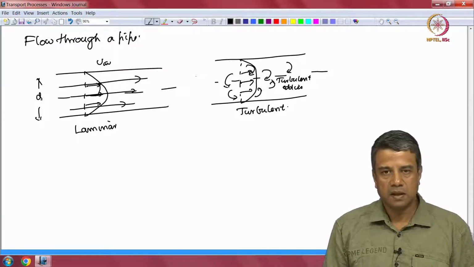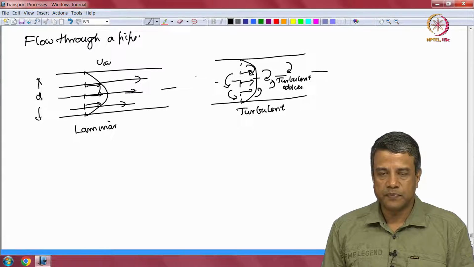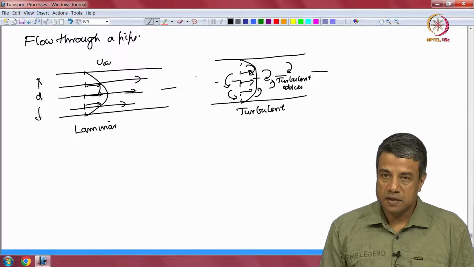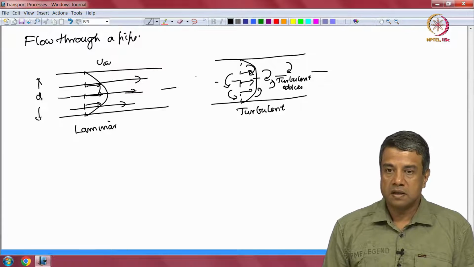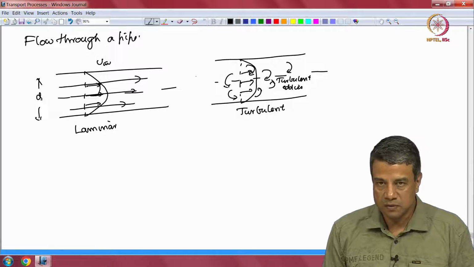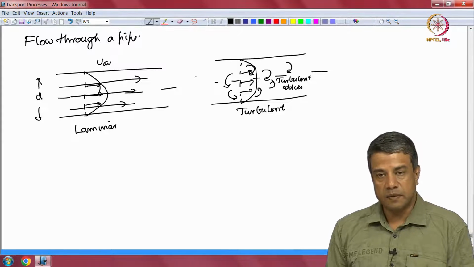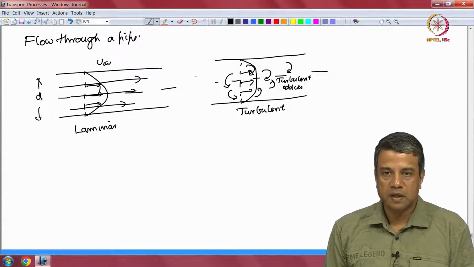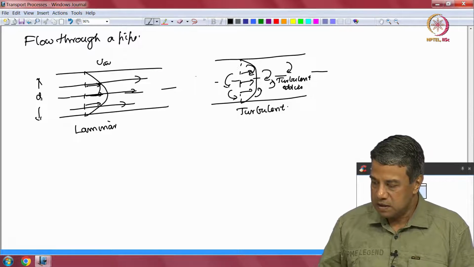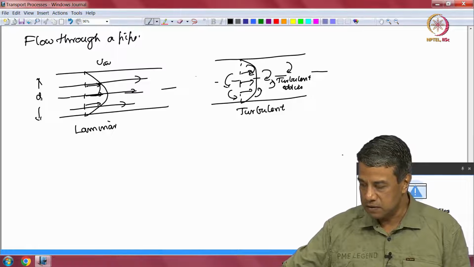In a turbulent flow, the velocity at each point, if you measure it, fluctuates in time, and it is in all three directions. You could have fluctuations both along the flow direction as well as perpendicular to the flow direction. The average velocity perpendicular to the flow direction is zero.